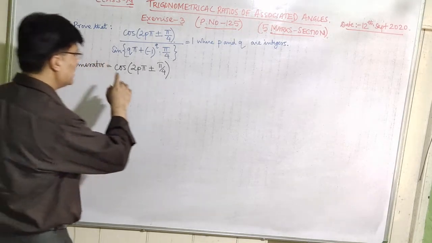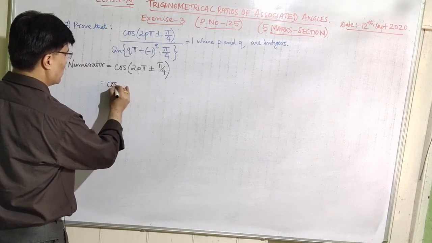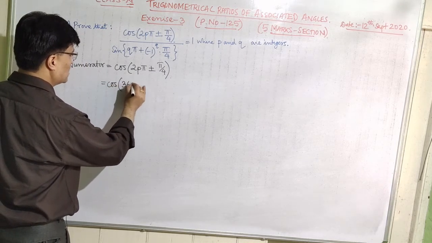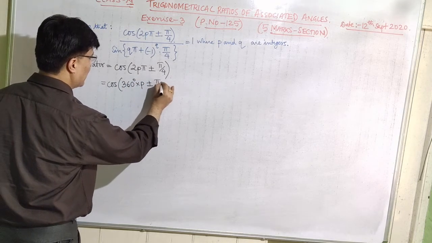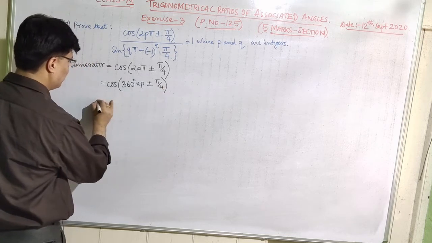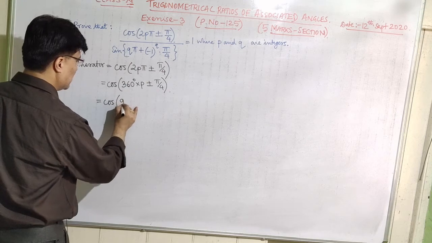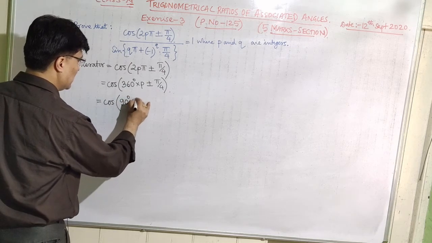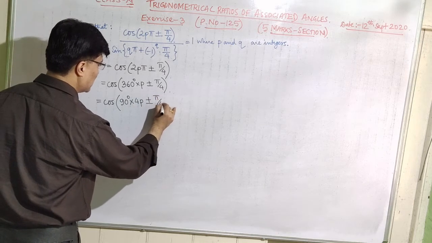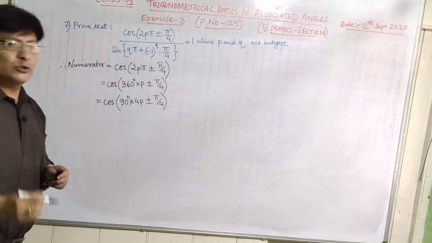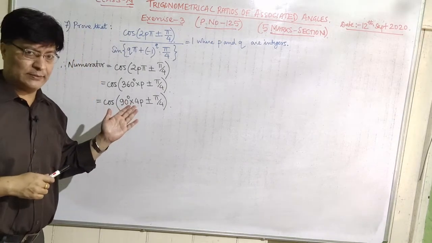But in this case, what is 2 pi? 2 pi here is 360 degree. So cos 360 degree into p plus minus pi by 4, is equal to cos, you know that 360 degree is 90 degree into 4p, plus minus pi by 4. So let us check in which quadrant does this angle lie.